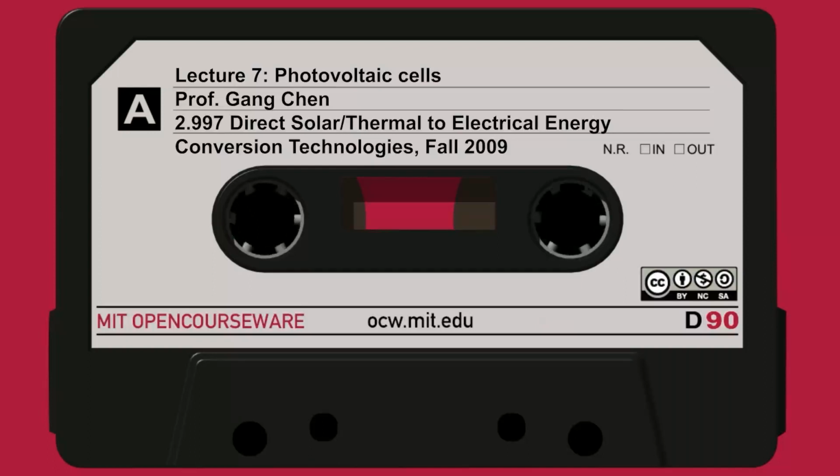That's the best you can do. Around 86%, infinite multi-junction. It's still lower than the Carnot limit between 300 and 5800, that's about the line, if you do 1 minus 300 divided by 5800. Okay.